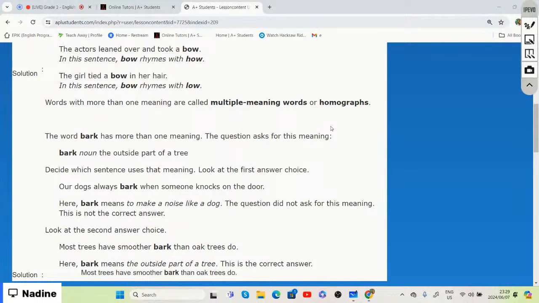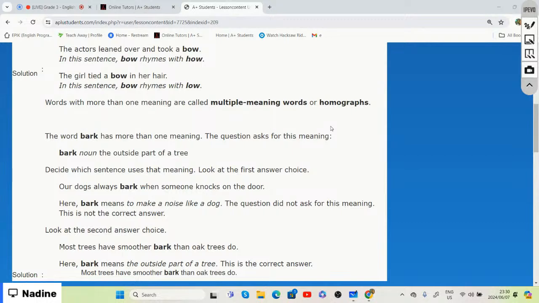And if we look at another word, bark, it's where the dogs were barking.